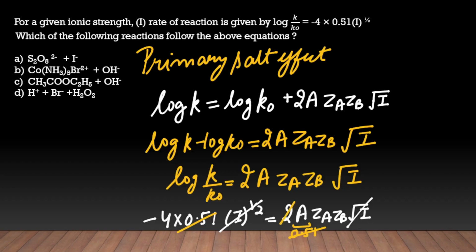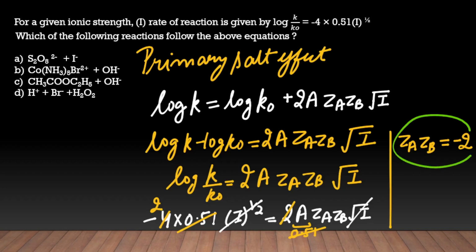So with this 2, this 4, we will be getting minus 2, which implies that the product of these charges, ZA into ZB, is equal to minus 2. That means from the given options we have to choose the one in which the product of the charges of these ions is equal to minus 2, that is going to give us this rate expression.